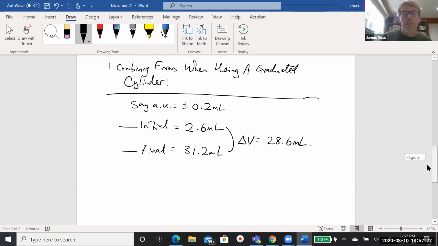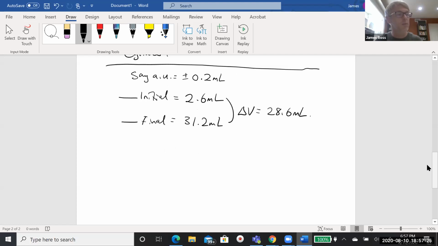Okay, the same rule is going to apply because we're adding or subtracting. In this case, we're subtracting. So we're going to take the uncertainty in the first measurement, square it, the uncertainty in the second measurement, square it, add them together, then square root the whole thing. So the combined uncertainty in this case is going to be the absolute uncertainty, which is plus or minus 0.2 mL.